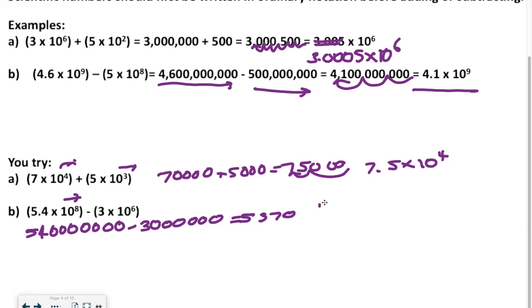Let's count the zeros. 1, 2, 3, 4, 5, 6. And then we're going to swing in 3, 6, 7. Oops, 8. So 5.37 times 10 to the 8th. This is actually a review topic, but it is important to know how to really convert, so nice to go over.